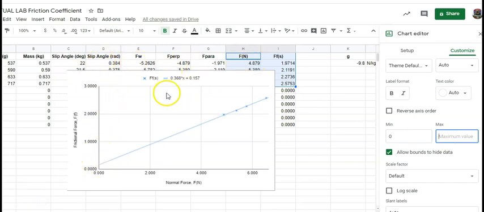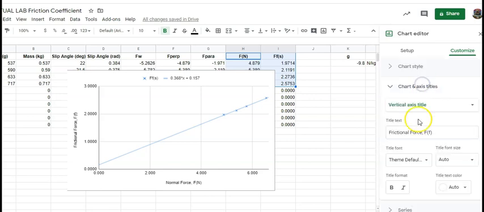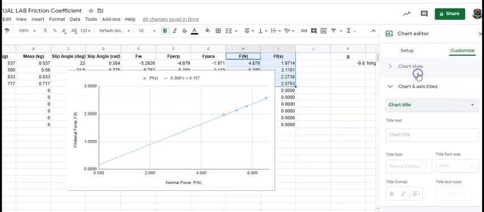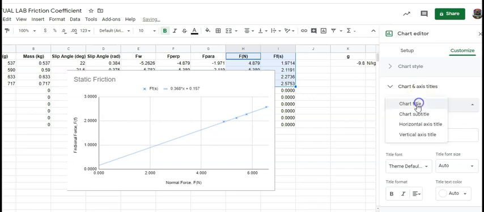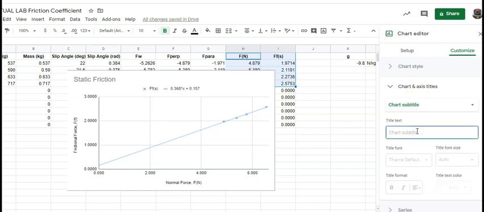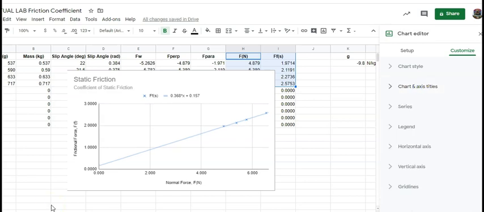So that's probably causing that gradient to be out. Okay, so I'll just put the chart title. We'll just go with static friction. Maybe put a subtitle of coefficient. And I think that's it.